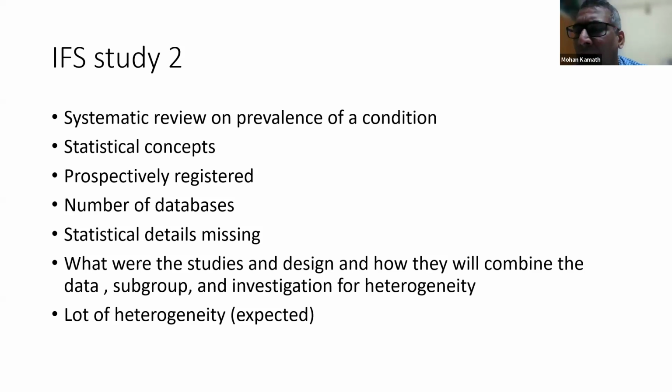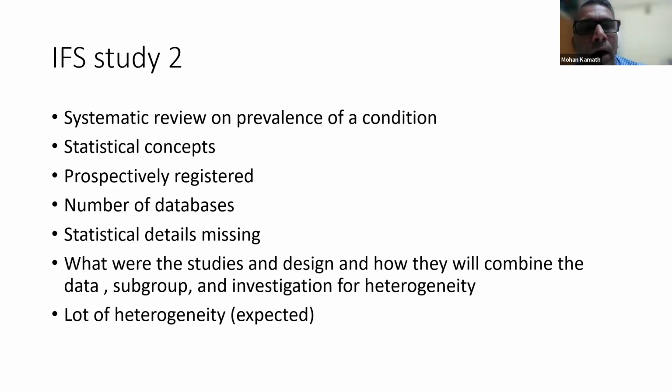Then I found the statistical detailing was very minimal in the method section. And this is possibly, again, because Human Reproduction does not publish systematic reviews. A Cochrane review actually runs into 80 pages, so those kinds of word limits are not there for a Human Reproduction article. Probably they were very economical with the details.